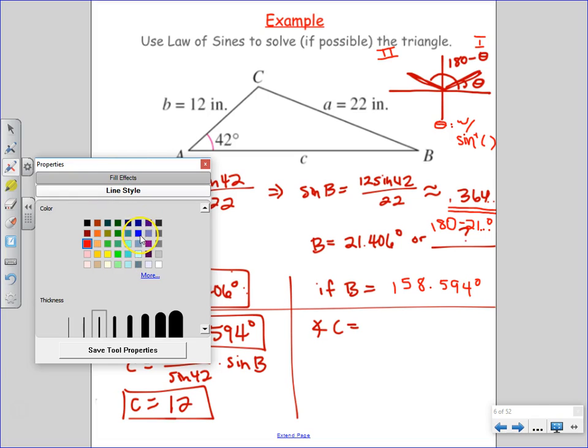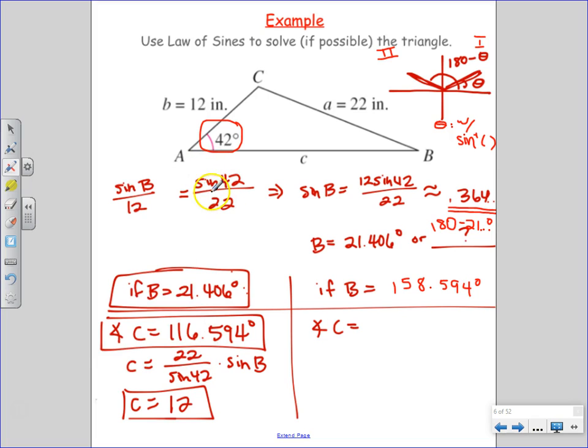Yes, exactly, because what is the one angle that we can't play around with? We know 42 has to be true. So does 42 and 21.406 give room for a third angle? Yes. Does 42 and 158.594 give room for another angle? No, it's over. So is this legal?